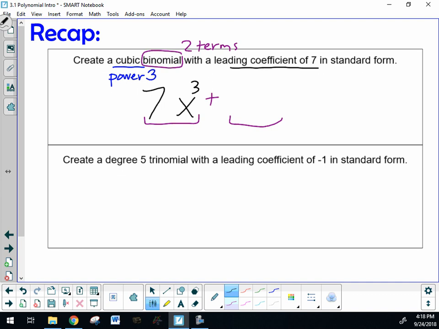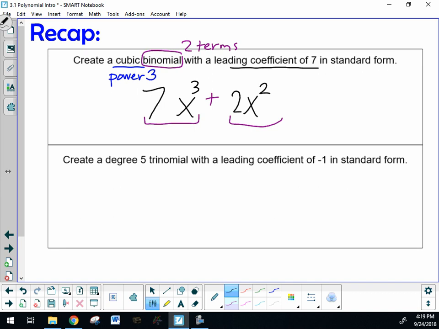It needs to be in standard form. That means it needs to be in order. So there's nothing to really tell you what specifically that second term should be. So you could pick any old term there. The only thing you couldn't do is you couldn't pick a higher power because now it's a degree 5 polynomial that's not in standard form. So whatever goes here, it has to be a lower power than the 3. So this would work, and numerous other things would work as well.